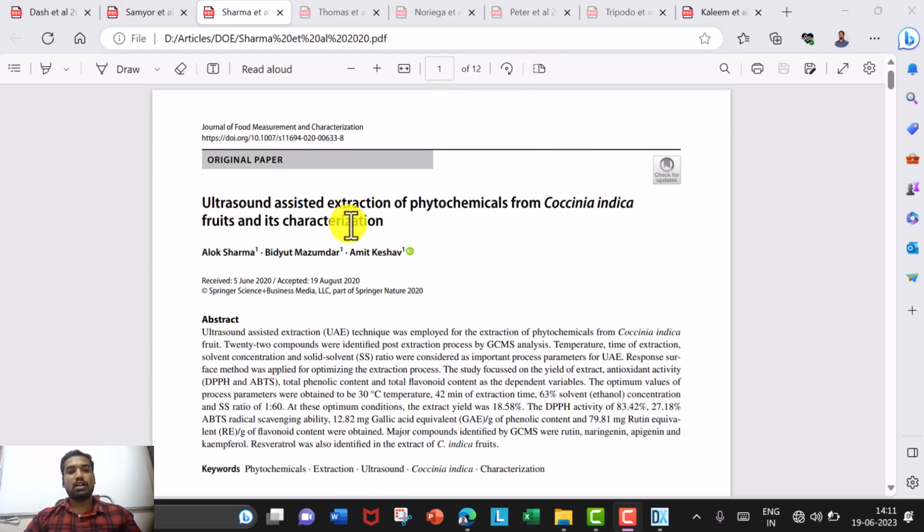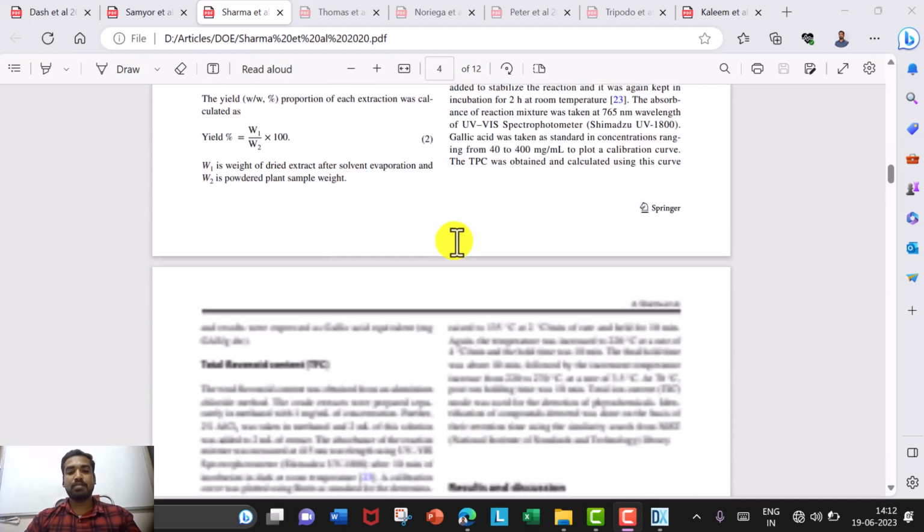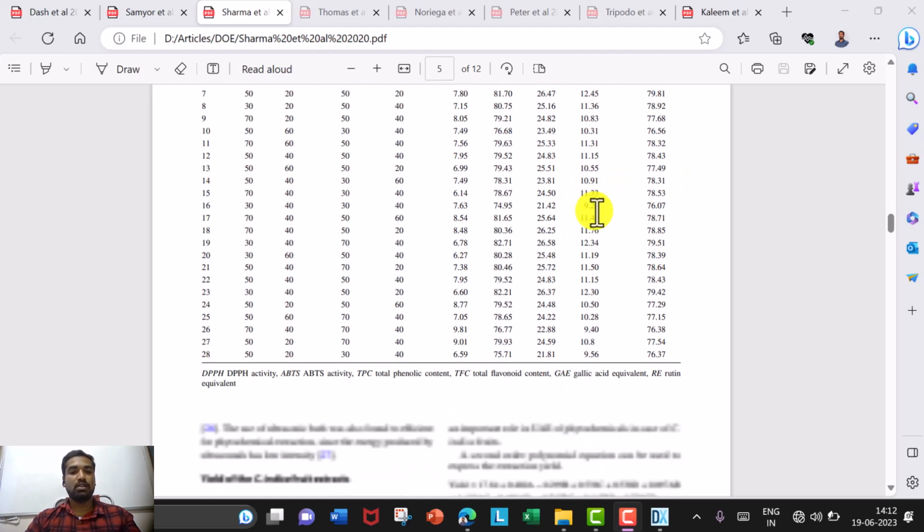Next one, ultrasound assisted extraction of phytochemicals from Coccinia indica fruits and its characterization. In this paper, he used Box-Behnken design for optimization of ultrasound assisted extraction from Coccinia indica fruits, with 4 factors and 5 responses: extraction yield percentage, percentage of DPPH, ABTS, TPC content, and TFC content.